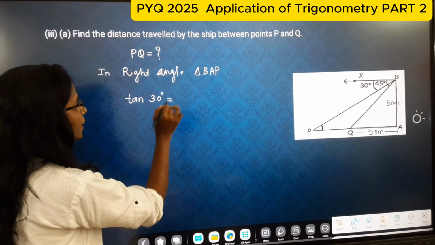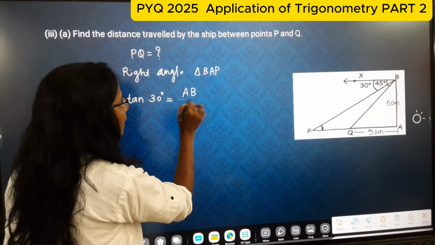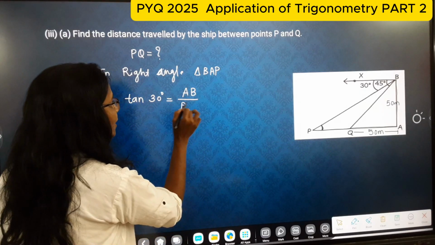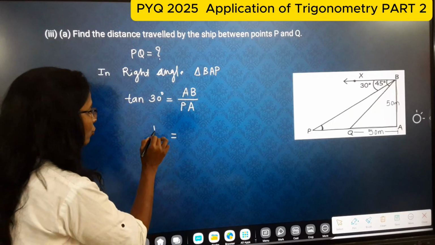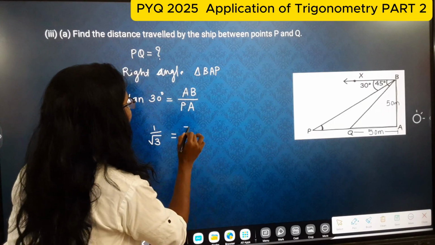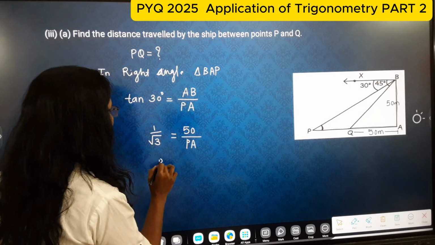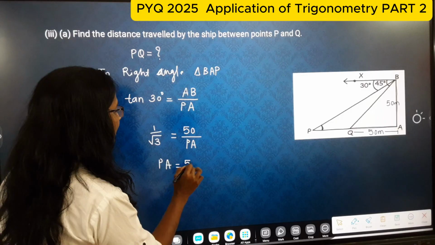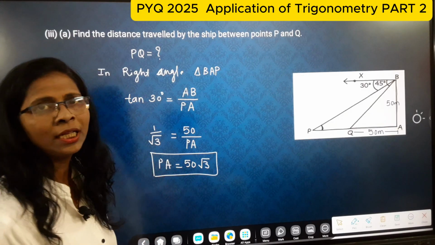So tan 30 is equal to AB, the opposite side, upon the adjacent side PA. So now tan 30 is 1 upon root 3 and AB is 50 upon PA. Okay. So now PA is equal to 50 root 3 meters.